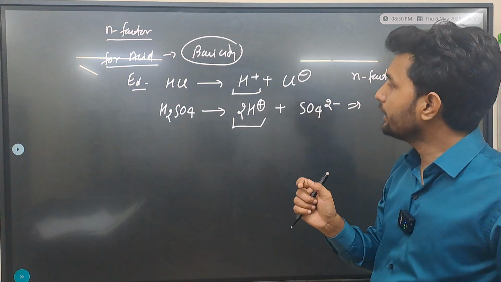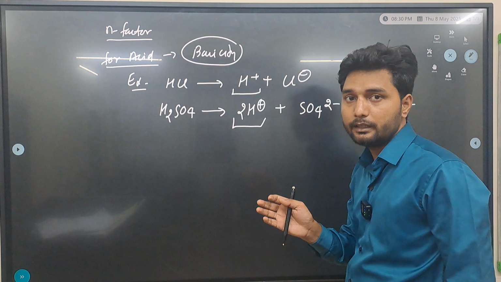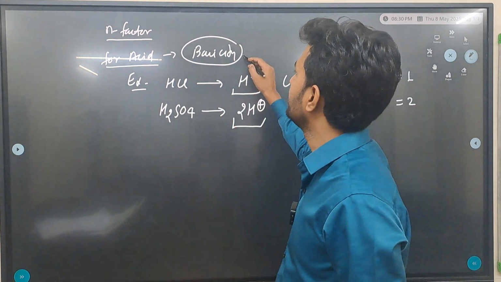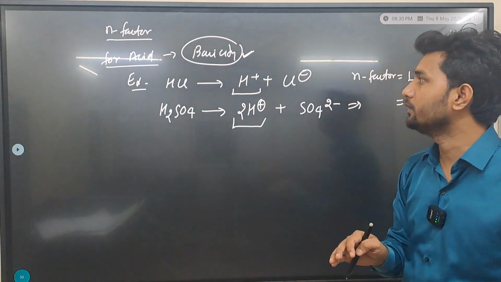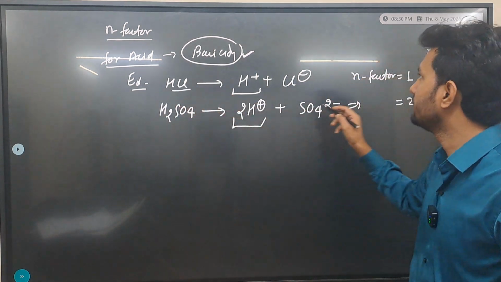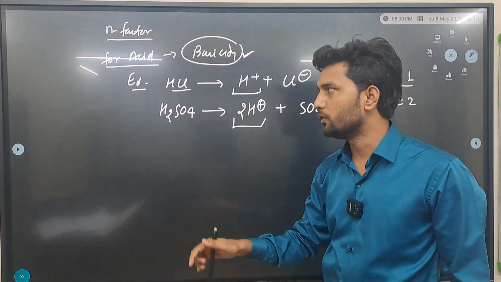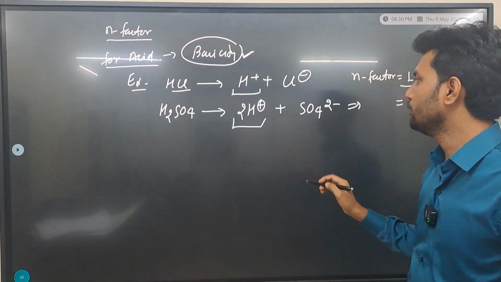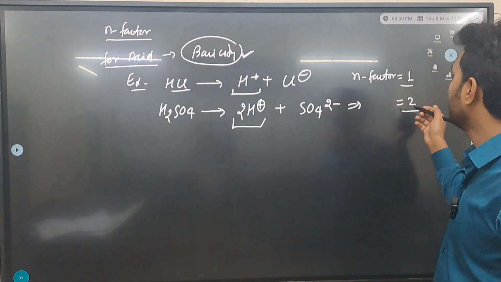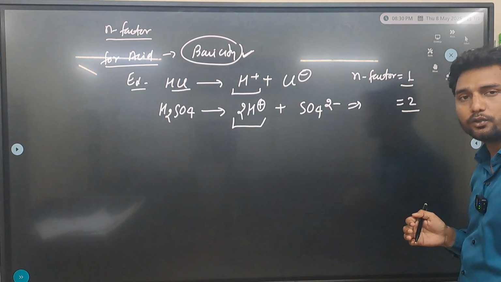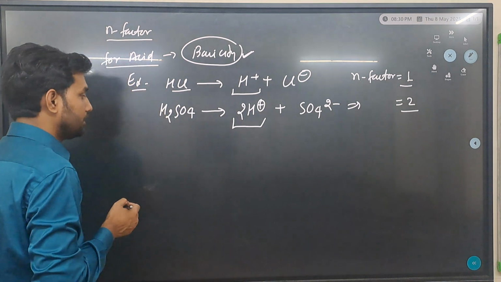It means how many H plus ions an acid can give is called the basicity of that particular acid. So basicity of HCl is 1, or you can say n factor for HCl is 1. Same for H2SO4, basicity is 2, or you can say n factor for H2SO4 is 2. These are the normal examples.